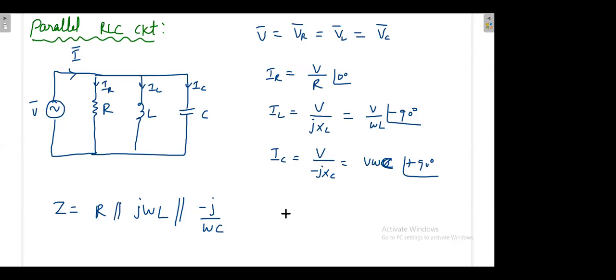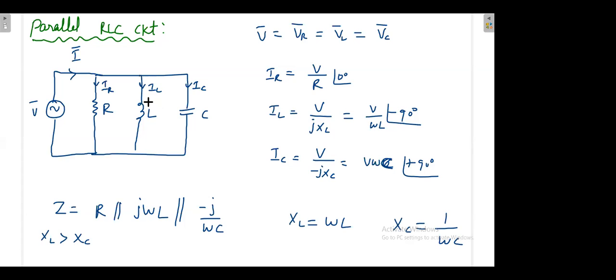Here also, XL means omega L, and XC means 1 by omega C. Now, what are the three possibilities? XL may be greater than XC. For a moment, please do not worry about plus J and minus J; that I can clarify later.